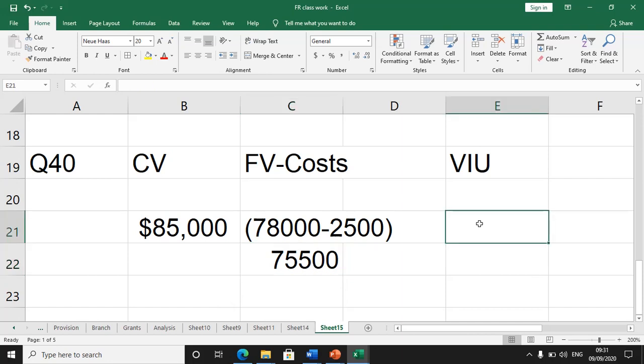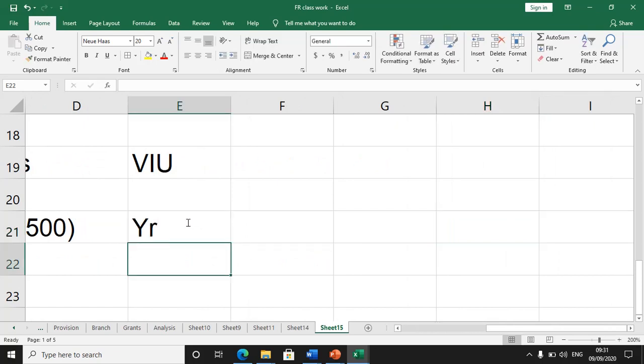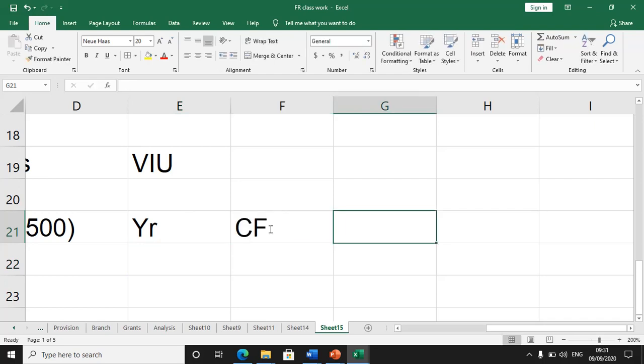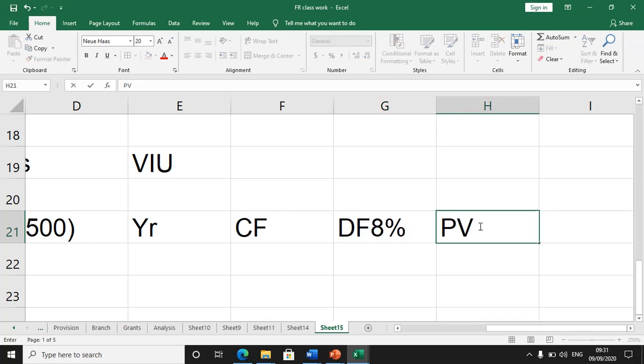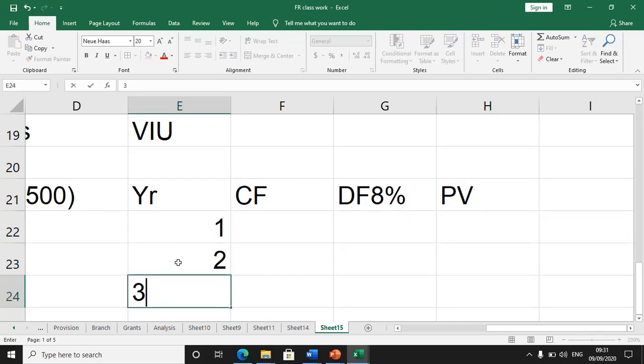Next, now we have to deal with the value in use, and I have to deal with my PVs. So I've got cash flow. Then I also have the discount factor, 8%. That's what I remember. Then we've got the PV, present value. So years again, 1, 2, 3.